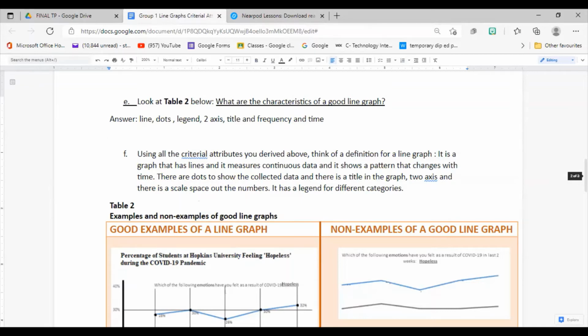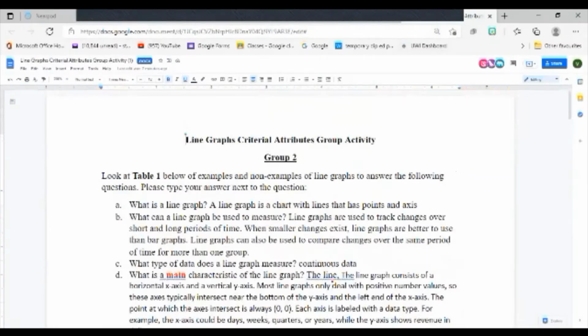There are dots to show the collected data, and there is a title in the graph, two axes, and a scale spaced out for all the numbers. It has a legend for different categories. Okay, good.